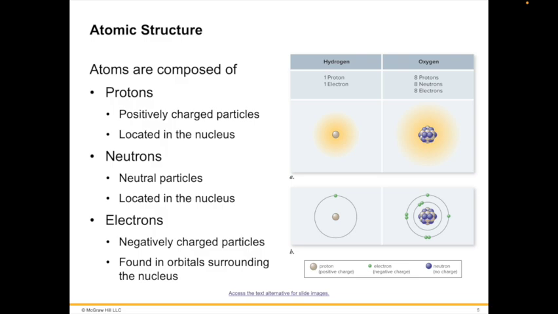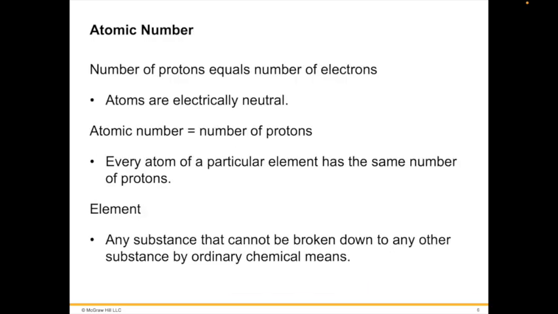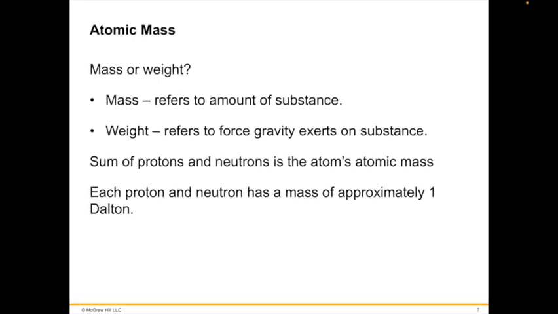The terms mass and weight are often used interchangeably, but they have slightly different meanings. Mass refers to the amount of a substance, whereas weight refers to the force that gravity exerts on a substance.